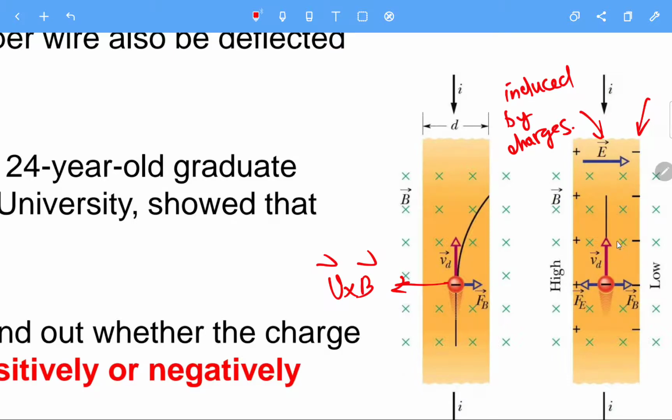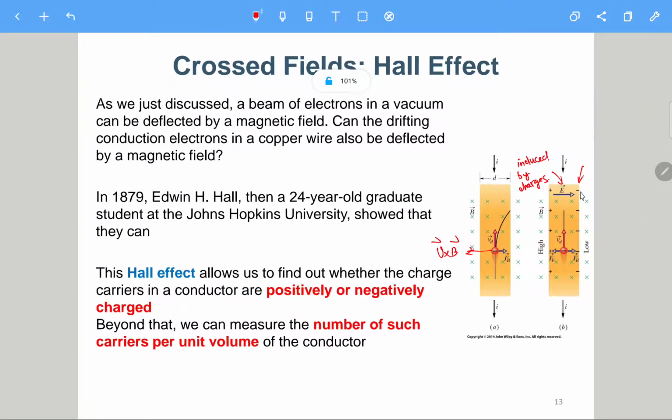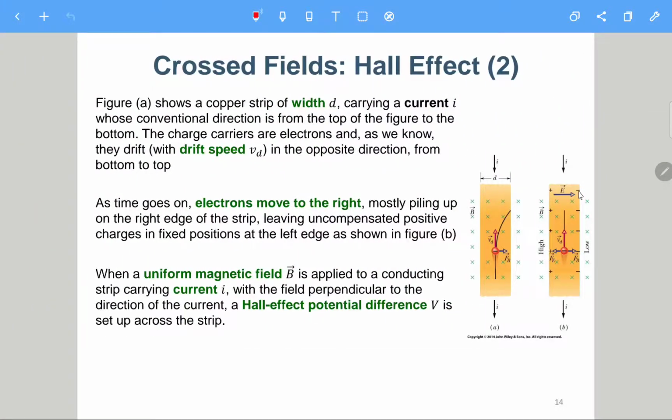Then the charge will not further accumulate on the right side, because these forces cancel each other. So all the charge will keep moving upward. This is what we call the Hall effect.